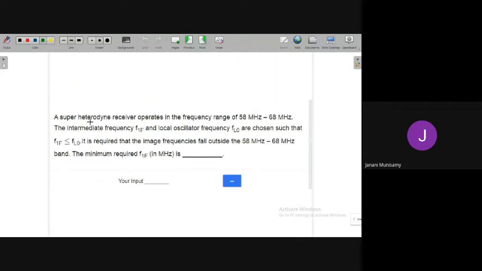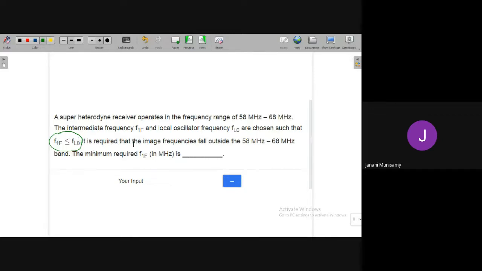Next, a superheterodyne receiver operates in the frequency range of 58 megahertz to 68 megahertz. The intermediate frequency is fIF and the local oscillator frequency is fLO. And then they have clearly mentioned that local oscillator frequency is greater than IF.